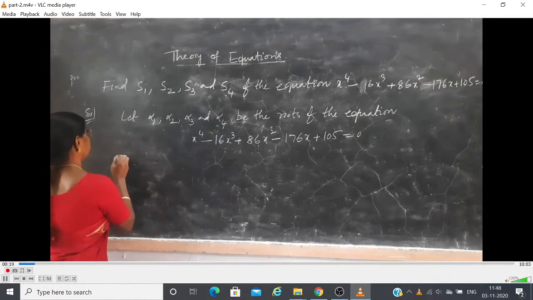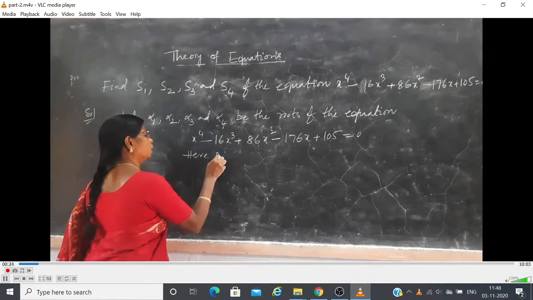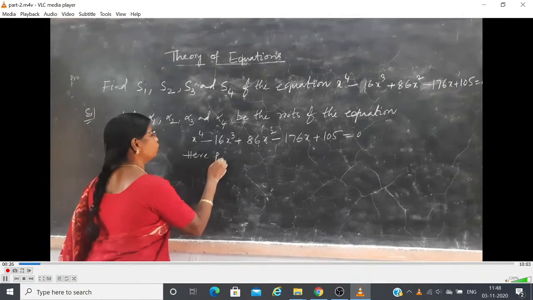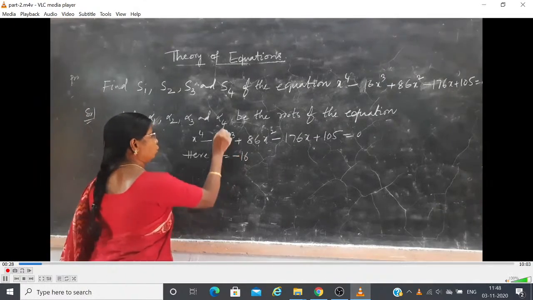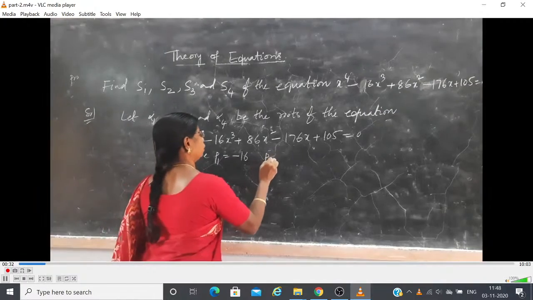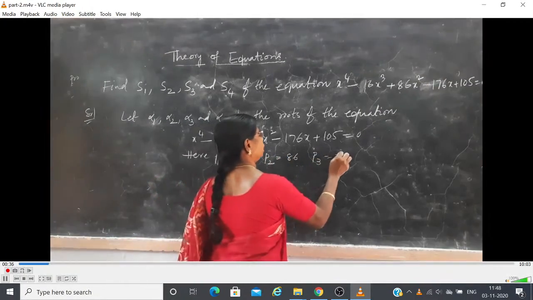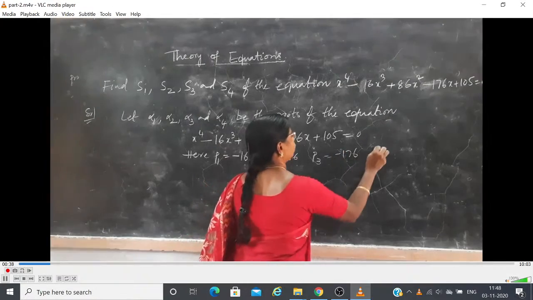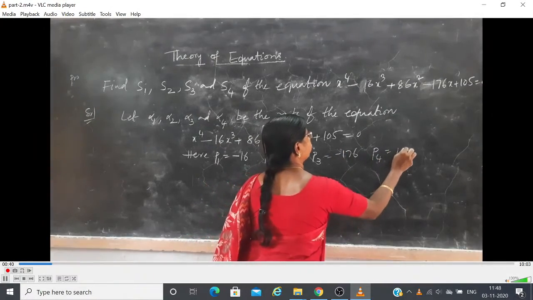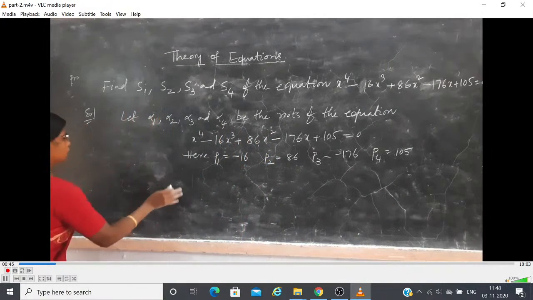Now we have to write here. For your clarity, I am writing here. What is P1? P1 is equal to minus 16. So P1, P2, P3, P4. P2, what is P2? 86. P3, minus 176. P4, 105. Now, what do we need? S1, S2, S3, S4.